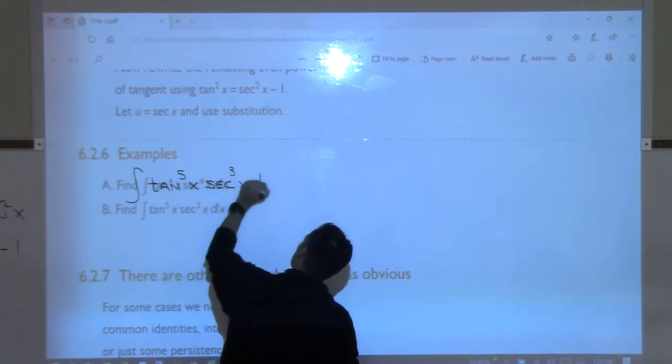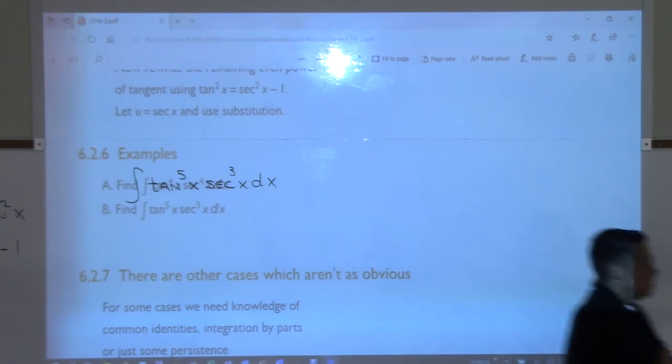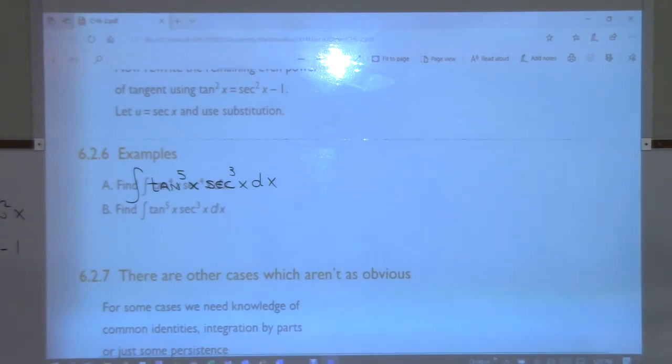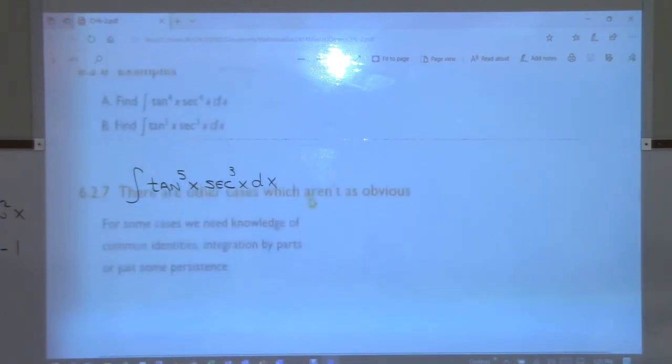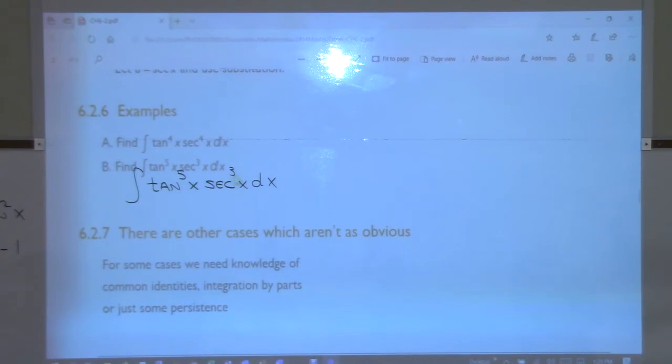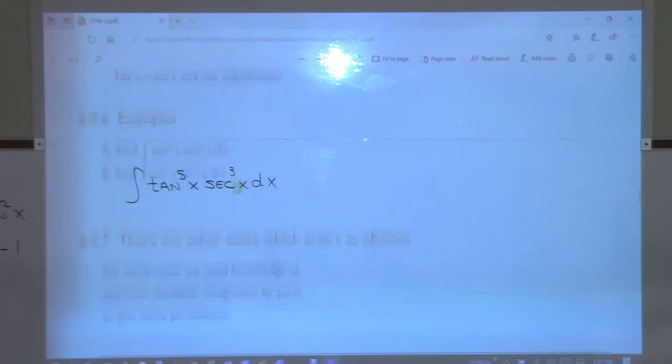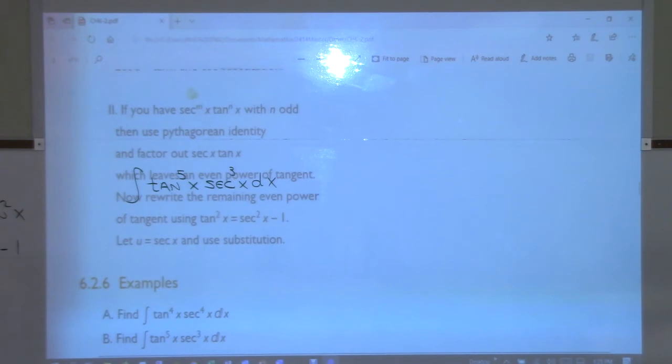So this is a perfect example of what I was just saying. You should not be looking to peel off a secant squared because you have an odd power on secant, right? But the method says that if you have secant and tangent together with an odd power, what does this say? Save a factor with n odd, right?